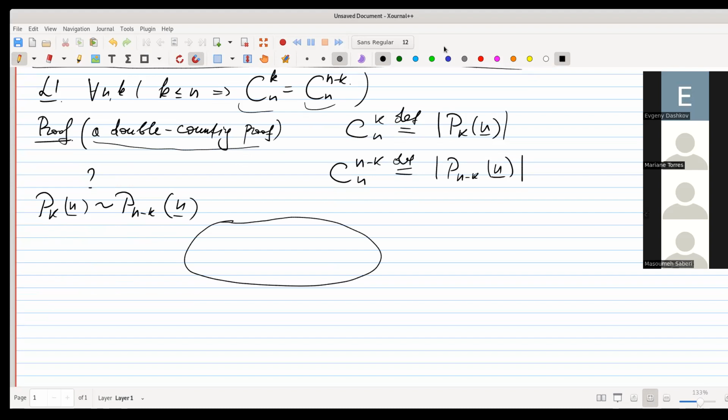Why is it so? Assume that we have our set n underlined, and here we have fixed some k element subset X. So here we have k elements. Where can one map this X to obtain an n minus k element set?